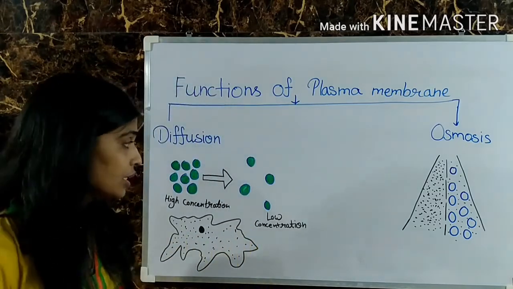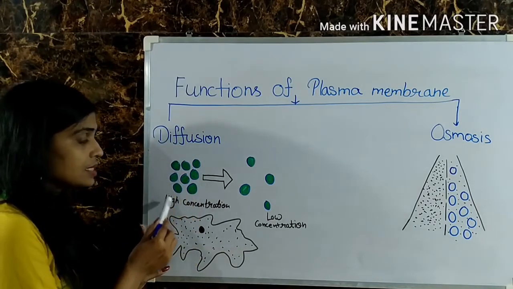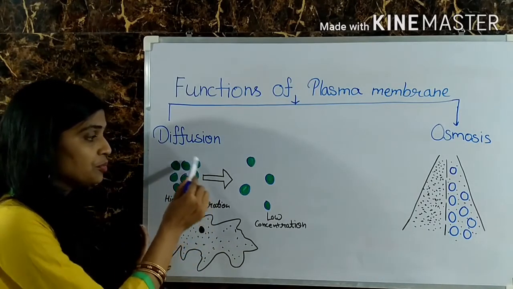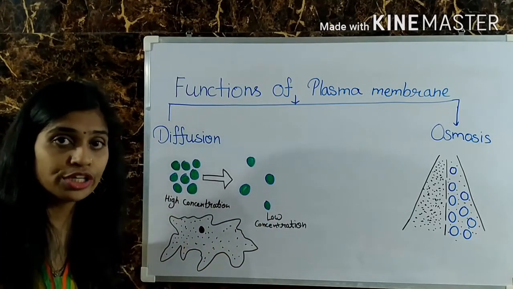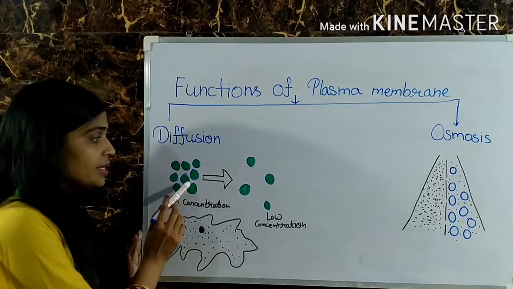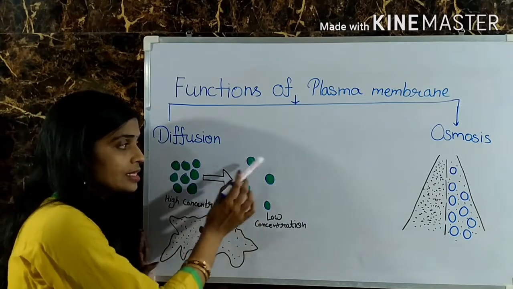Now we will understand here. Here you are seeing the higher concentration of the molecules, and here it is the lower concentration of the molecules. So the movement is from the higher concentration to the lower concentration.